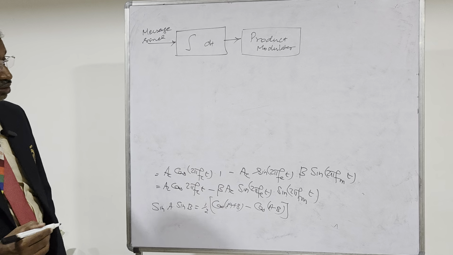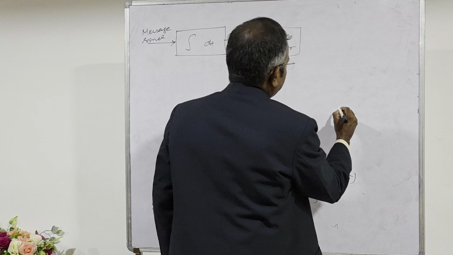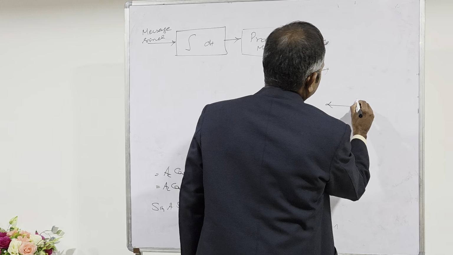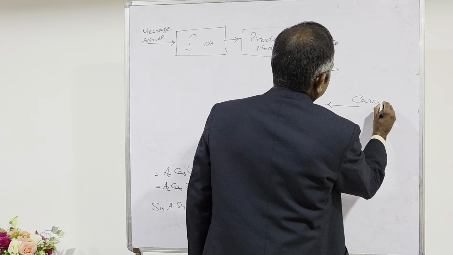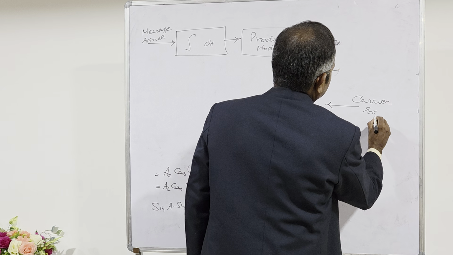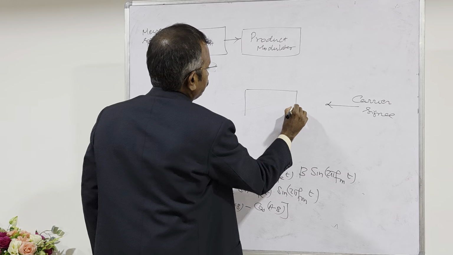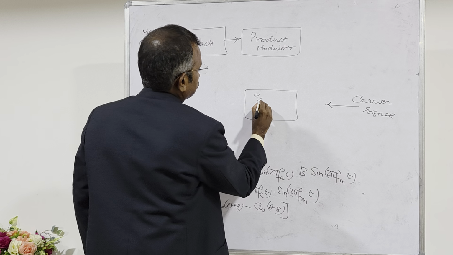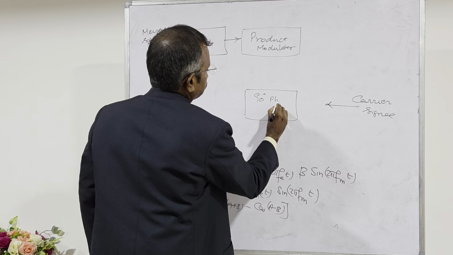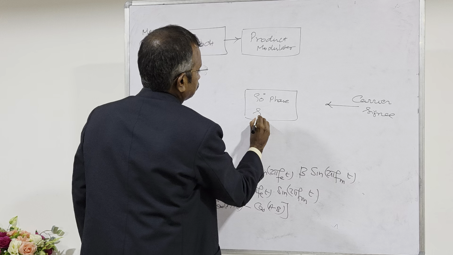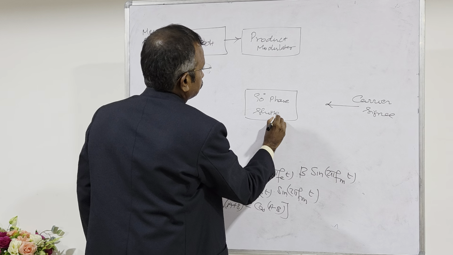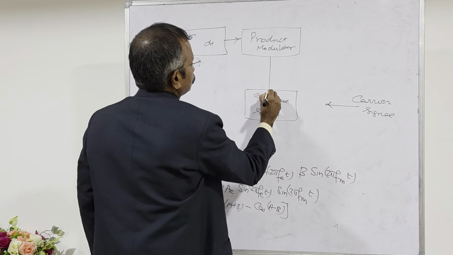So here I am going to take the carrier signal, pass it through the 90 degrees phase shifter, and supply this to the product modulator.